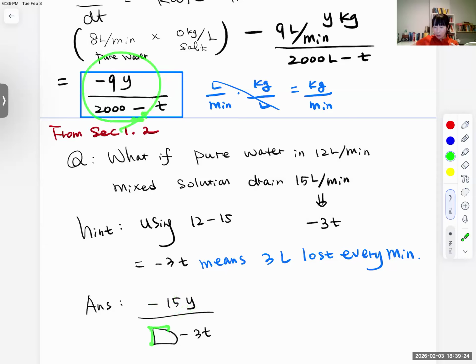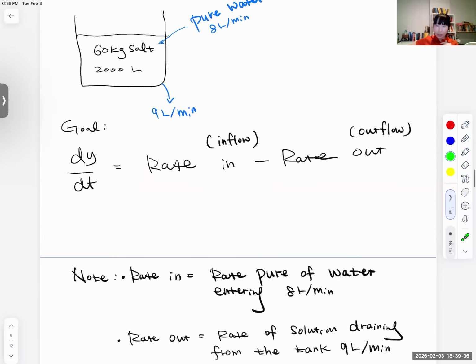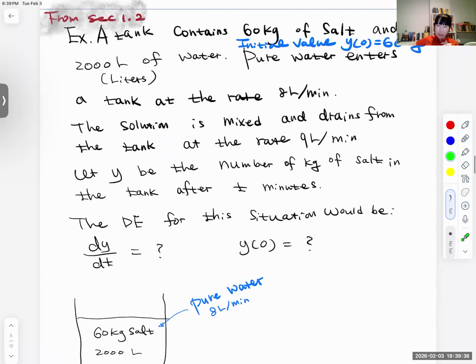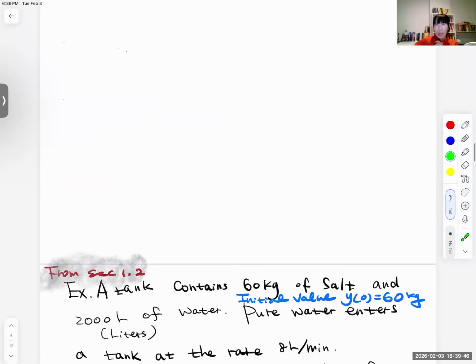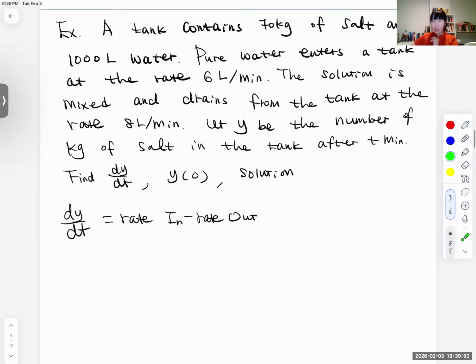The blank will be the starting liters, how much water there is, so 2,000 liters in that case. So we are using that minus 3t. Make sense to you? This is the same concept. Just change the numbers. That's it.